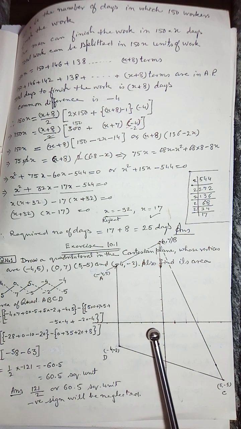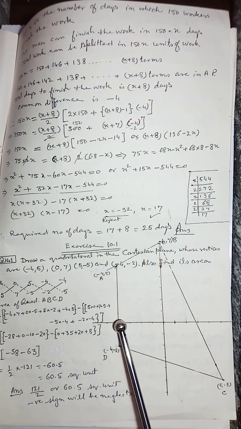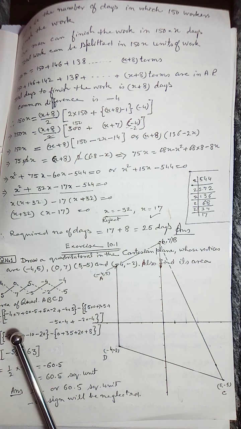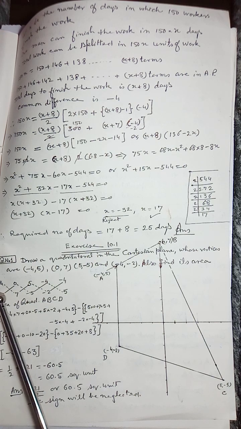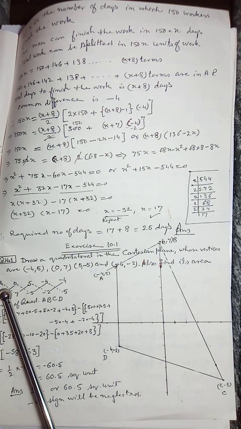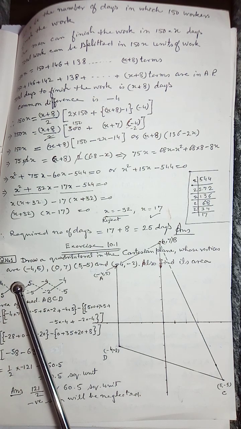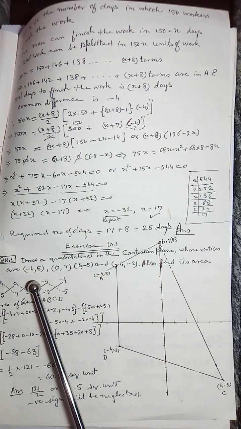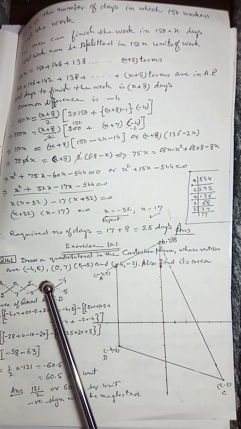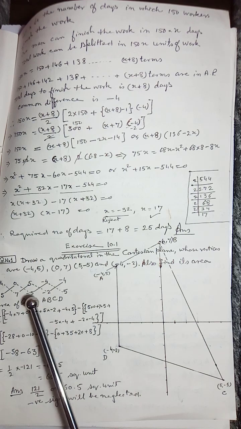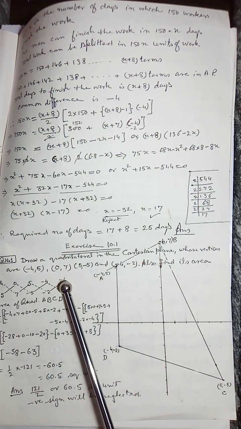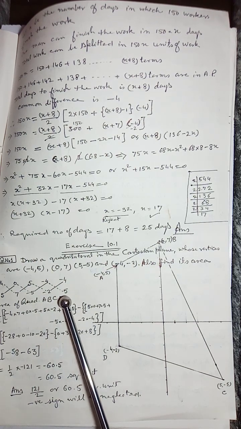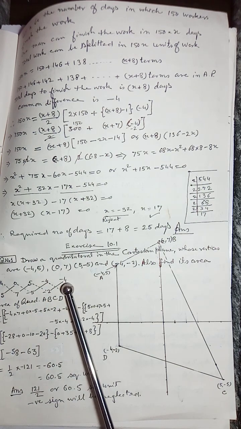So in order to find the area, for which I have already given the formula in my previous video, you write down the coordinates like this. First of all, vertically: (-4, 5), (0, 7), (5, -5), (-4, -2), and again you start with -4 and 5, the first one.